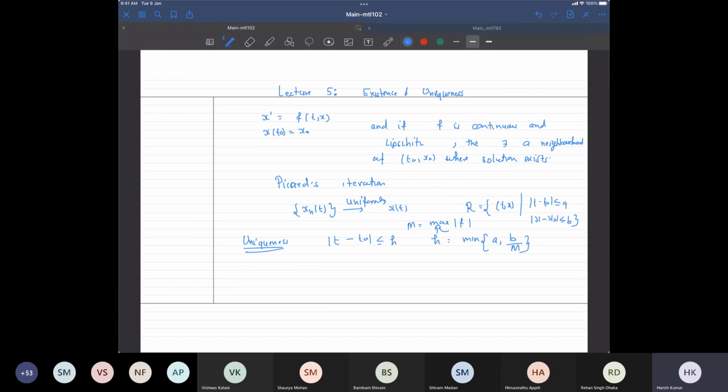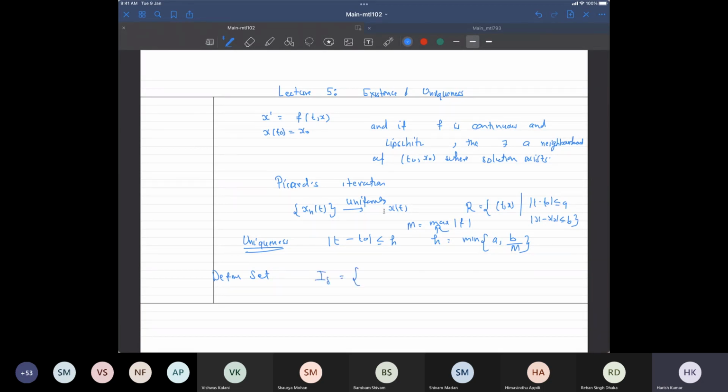All right, so now to prove uniqueness, the proof is very easy. We'll just use the Lipschitz continuity and use the existence results we have discussed. So let us define a set, I delta.